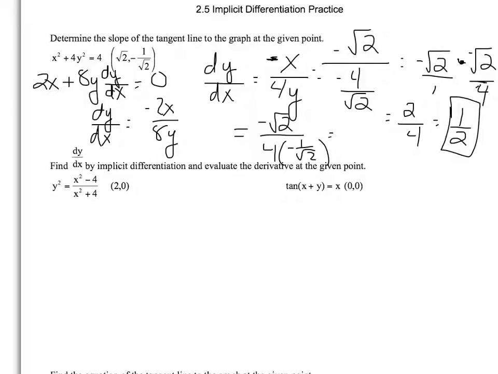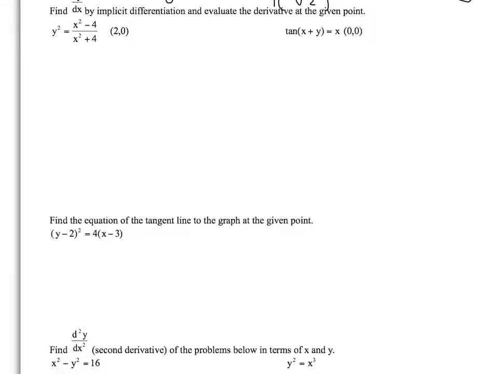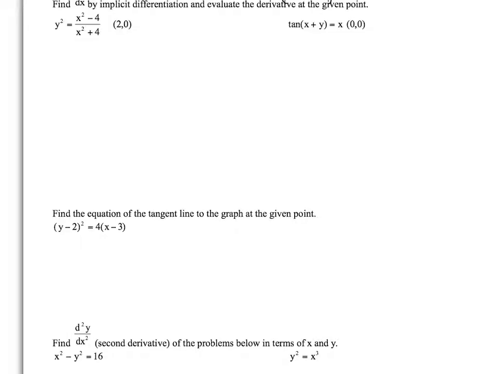Directions are written a little differently, but it's asking us the same thing. It says find dy dx by implicit differentiation and evaluate the derivative at the given point. So the one on the left-hand side here, the derivative of y squared is 2y dy dx. And to take the derivative on the right-hand side, you have to do your favorite, the quotient rule.